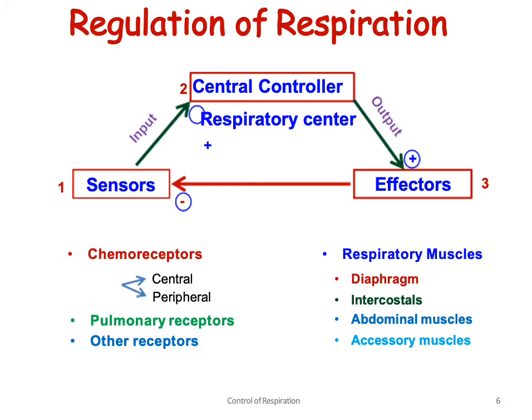So, how is the respiration process regulated? It involves three components, which are sensors, effectors, and central controllers. The sensors provide input to the central controllers, and the central controller, which is the respiratory center, will process all the input, all the information, and provide output or instruction to the effectors.